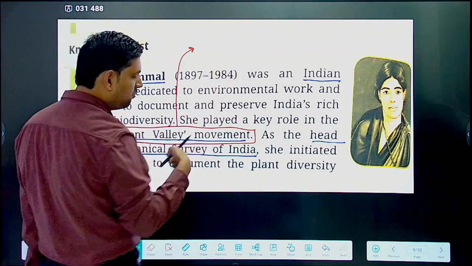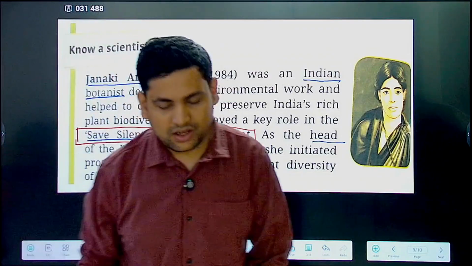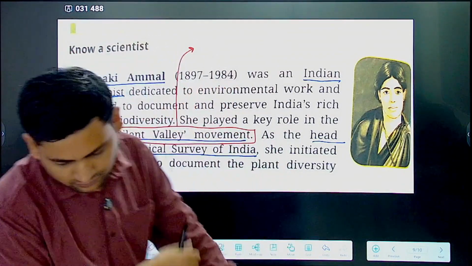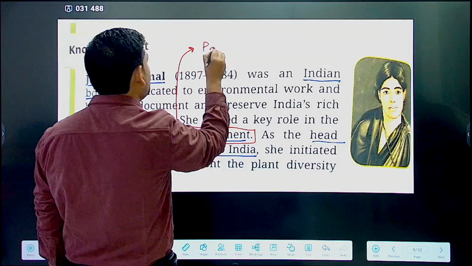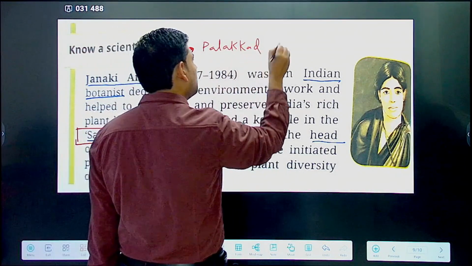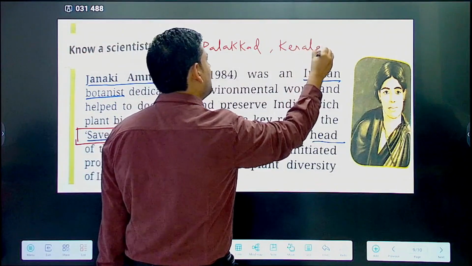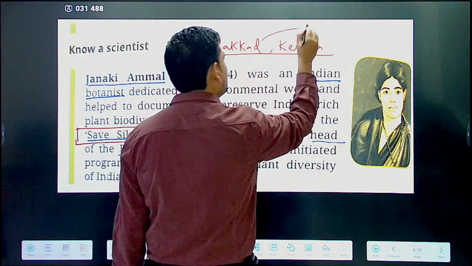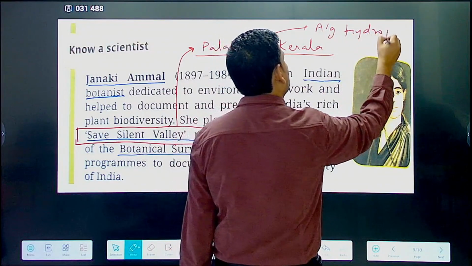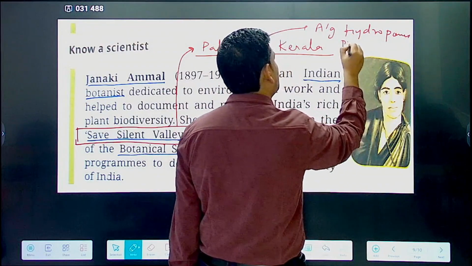So this was a movement that was led by her, and the main reason was in Palakkad district of Kerala, and this is actually against a hydropower project.